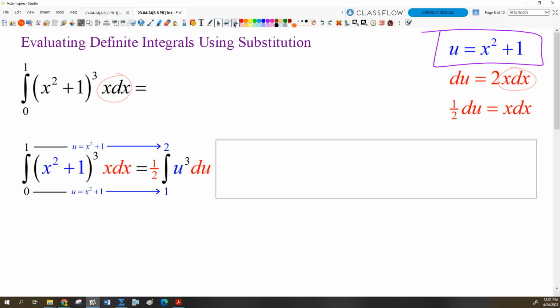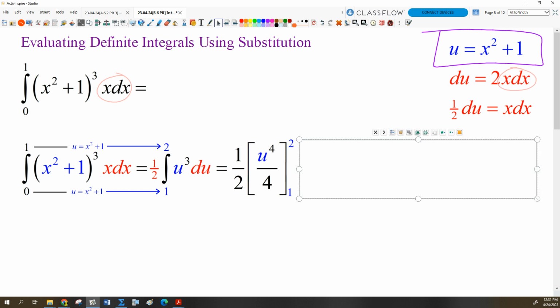So what is the antiderivative of u cubed du? U to the 4th over 4, right? Okay, so then what's that mean? Well, with the u to the 4th over 4, we could pull the 4 out front. Good.